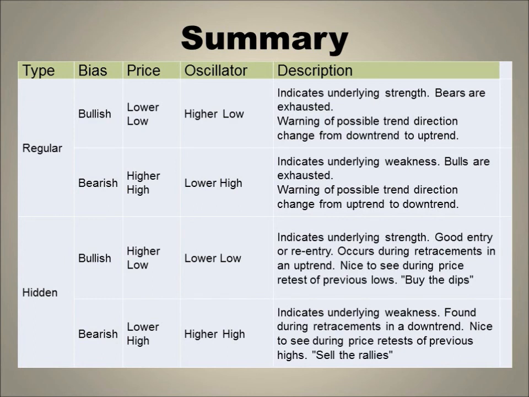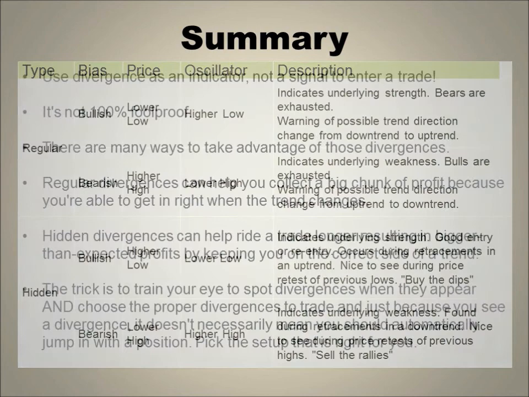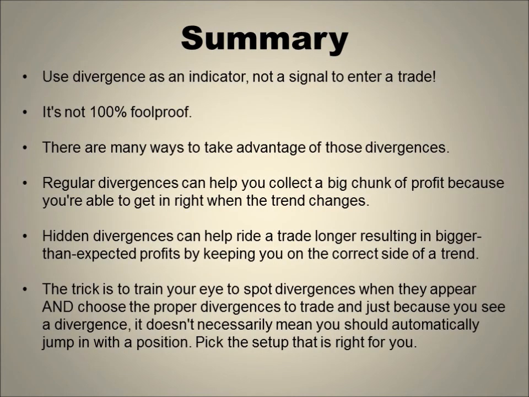So many investors will go long when they see that pattern. Also, if on the price charts we have lower highs, that's also a signal to go short. And on the hidden divergence, it's the opposite.